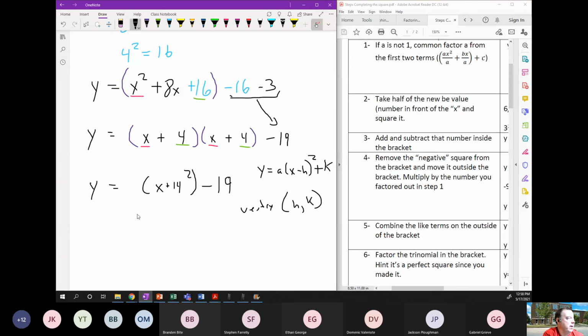Could anyone tell me the vertex of this equation? What's my h and k numbers right here? Who wants to take a shot and tell me what my h and k numbers are? Good. Negative 14 is my h. Remember, it comes out of the bracket and switch signs. And negative 19 is my k.